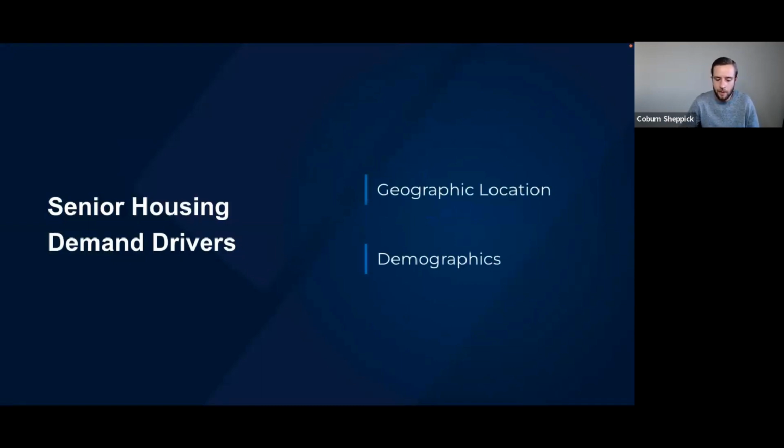Some of the demand drivers, obviously demographics, mostly around people aging. So where are the elderly people? Where are the seniors at? And so that comes into the geographic location. Places where it's warm, for example, where people go to retire, those are the certain markets that'll do really well in this sector. Florida is one of the biggest senior housing sectors, where the most senior housing is.